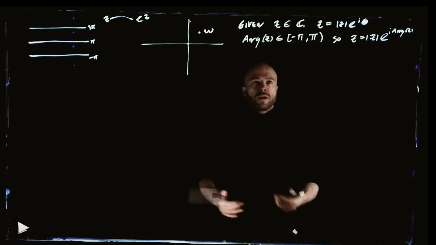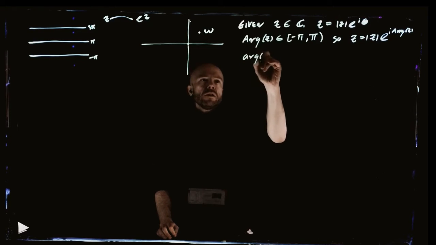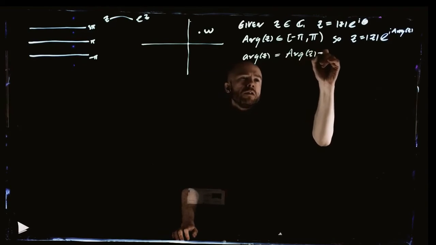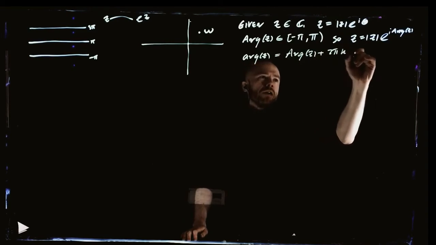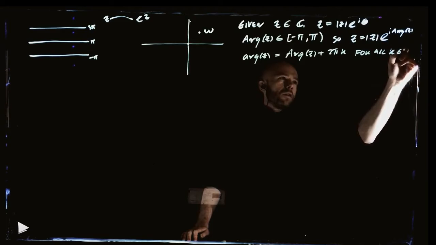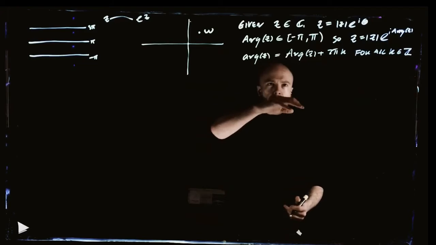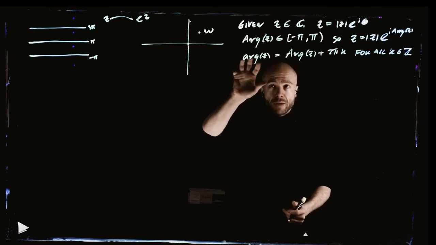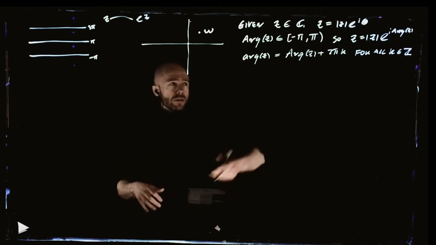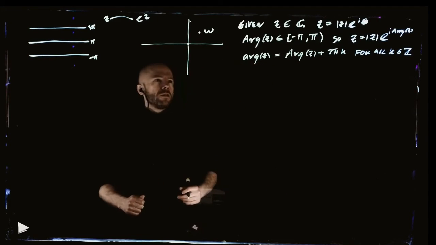That's the one representation of the angle inside this particular interval. And this thing we're going to define to be equal to arg of z plus 2 pi k for all k which are integers. So this is an entire infinite set of angles. This is at least notation in Zill's complex analysis book, I guess somewhat standard notation.